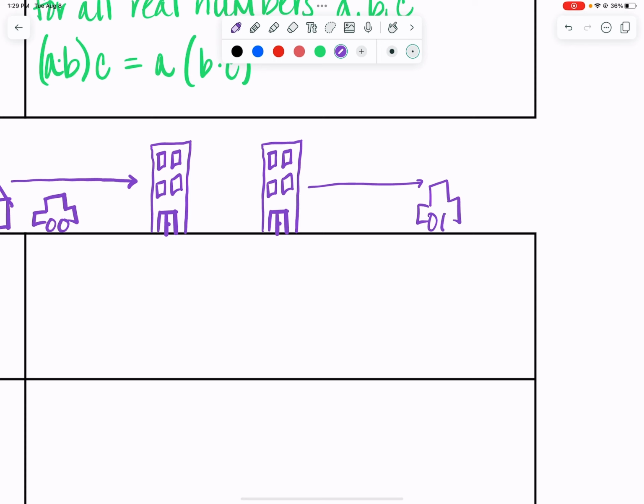We're not stopping at Target. We're not stopping at H-E-B. We sure as heck are not stopping at Walmart. So I traveled the same distance, but I traveled in different directions. I traveled opposite directions.